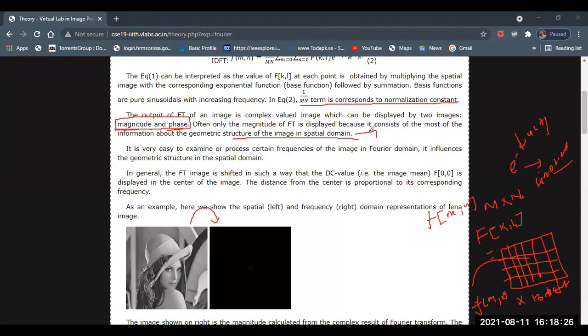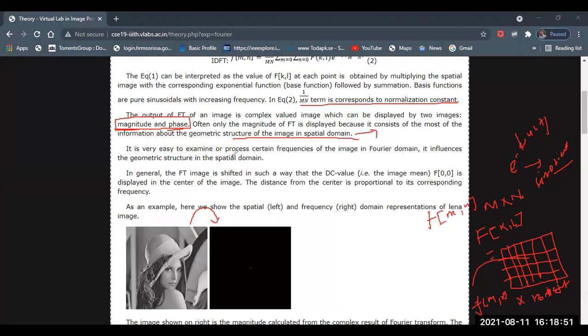So whatever information exists in the spatial domain, the magnitude spectrum will have most of it. Now it is very easy to examine the process. A certain frequency of the image in the Fourier domain influences the geometrical structure of the spatial domain.